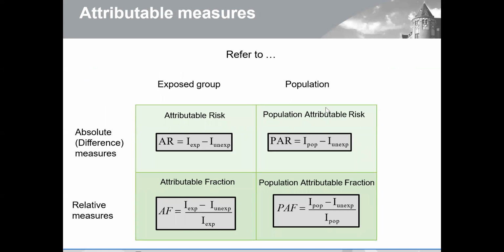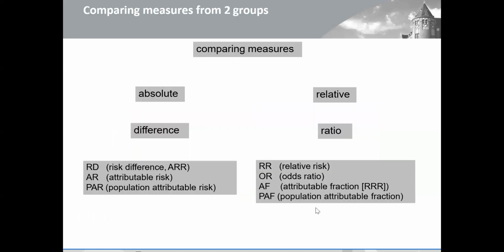So it's just a recap again of our formulas, where we have attributable risk and population attributable risk, which are absolute difference measures, and we have relative measures, which are proportions either within the exposed or within the population. To conclude, if you're comparing measures, you can have absolute or relative, differences or ratios.